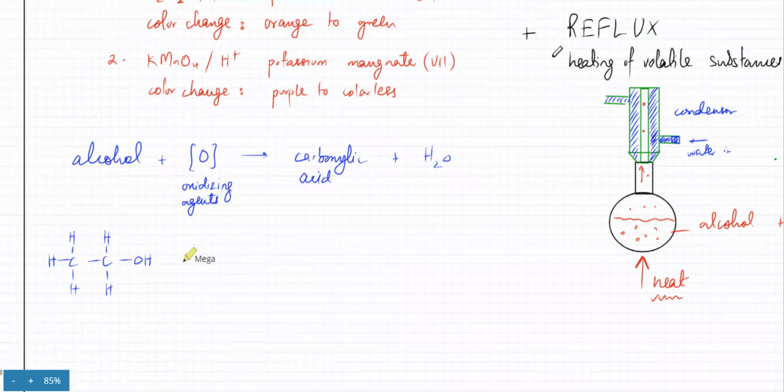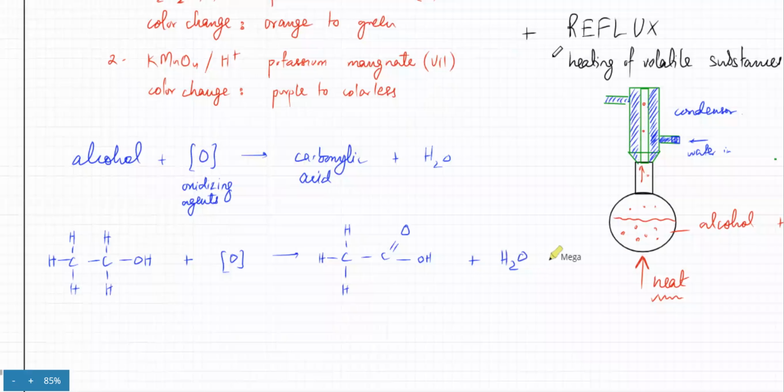You add the oxidizing agent, the alcohol changes into carboxylic acid, plus a water molecule is produced.